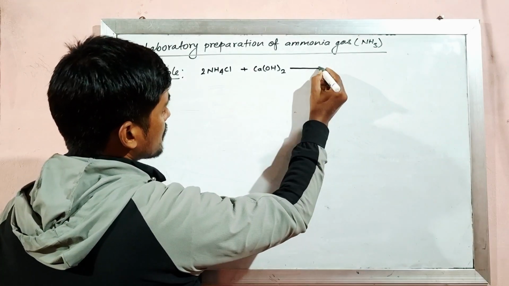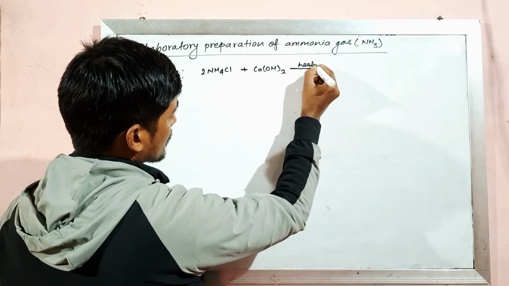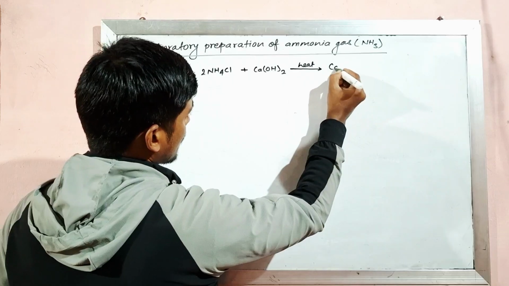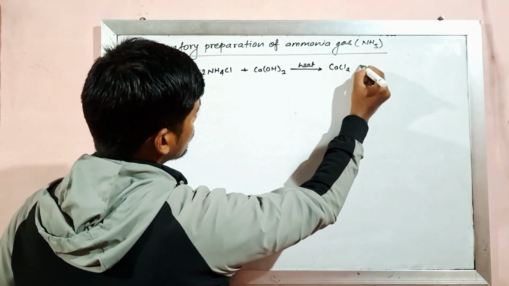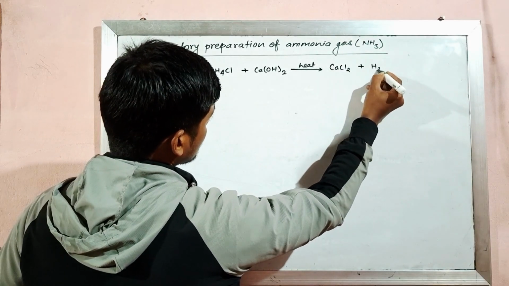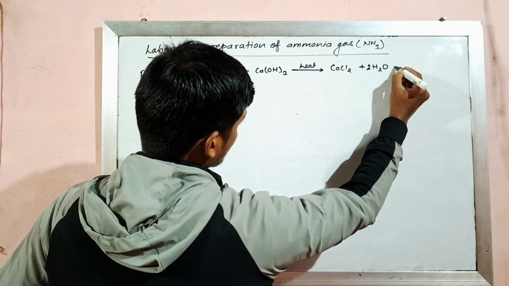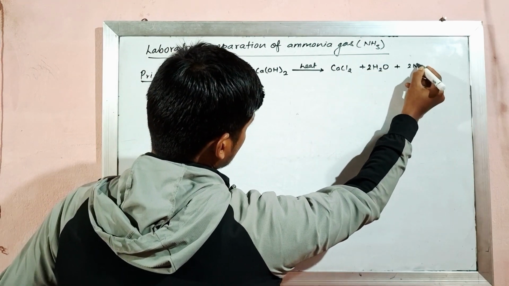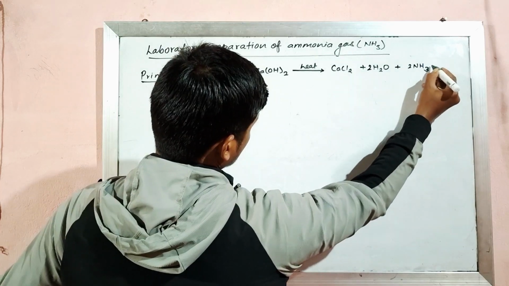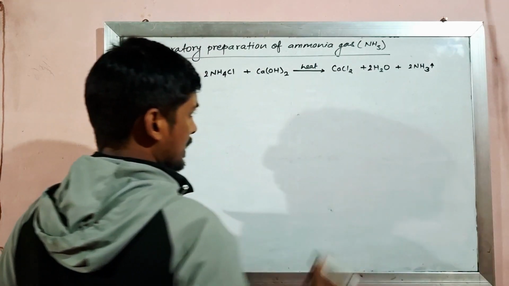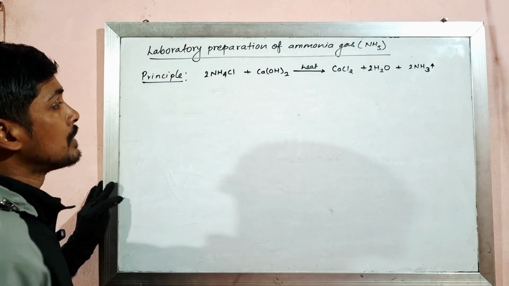When this mixture is heated, then we obtain calcium chloride, water molecule, and ammonia gas. Ammonia gas is a lighter gas, so it goes up.